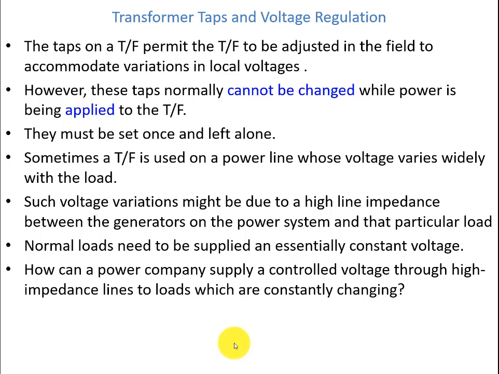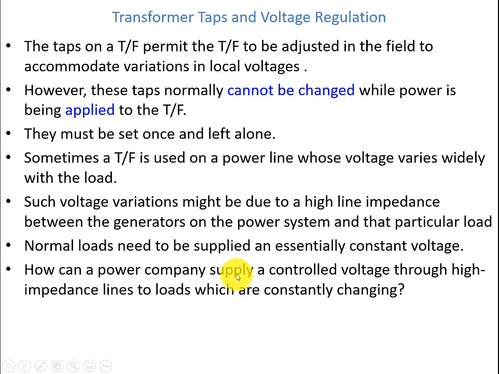They can essentially increase the voltage up to 220 volts. Some devices are now manufactured that can operate from, say, 200 volts to 240 volts, so that a variation of plus or minus 20 volts may be catered for by the device itself. However, usually we need a constant voltage for the load.